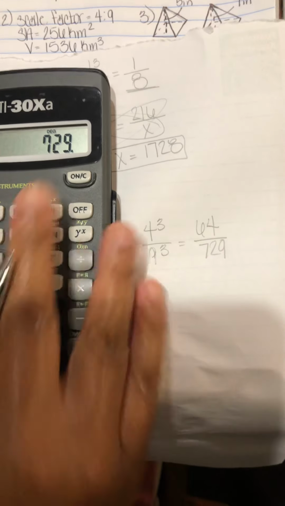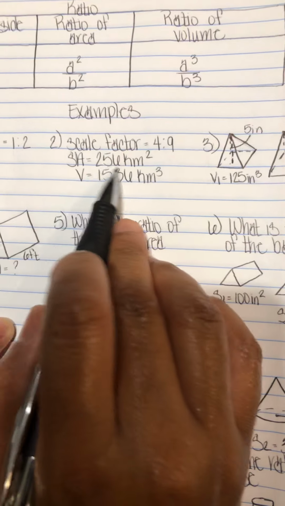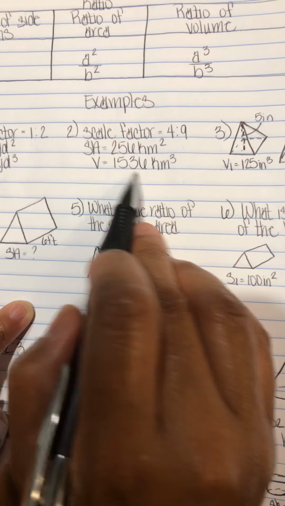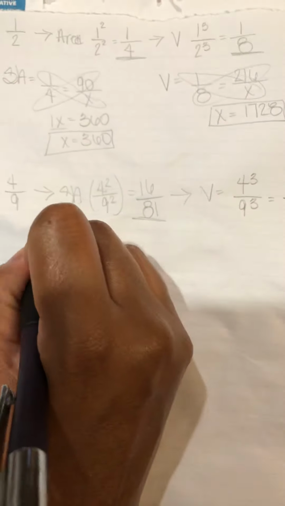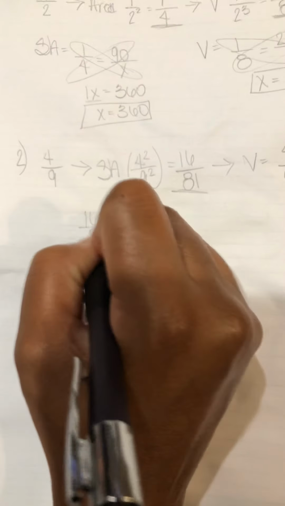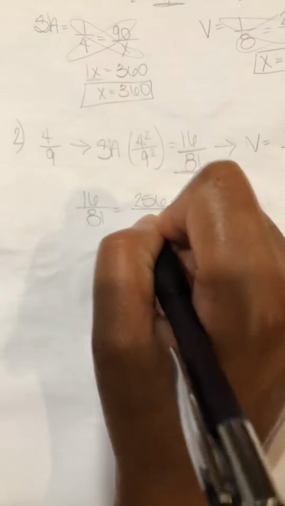So when I do this problem, keep in mind that it says surface area is going to be 256. So I'm going to use that number here, and I'm also going to use this 1536. So I'm going to put my area, which is 16 over 81, is equal to 256 over x.